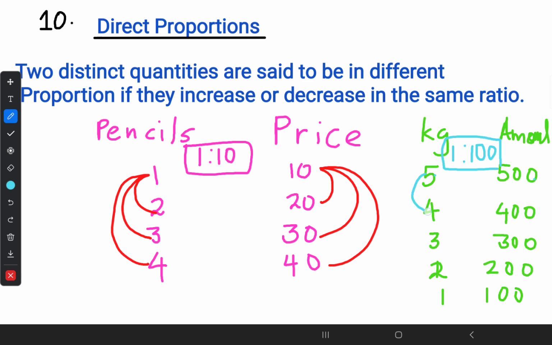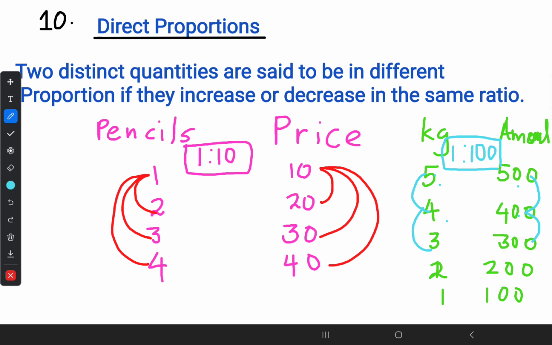When the amount of rice decreases, the amount we need to pay also decreases. Buying 5 kilograms of rice costs 500. So for 4 kilograms, the amount of rice decreased, so the amount also decreased to 400. Then for 3 kilograms, it decreased again by 100 rupees.